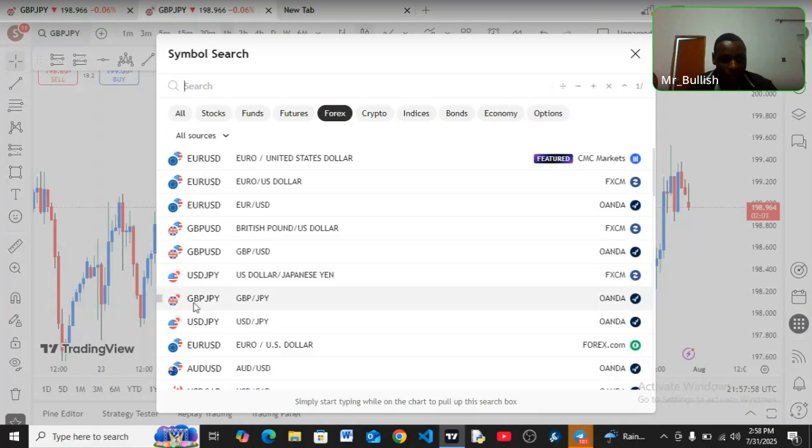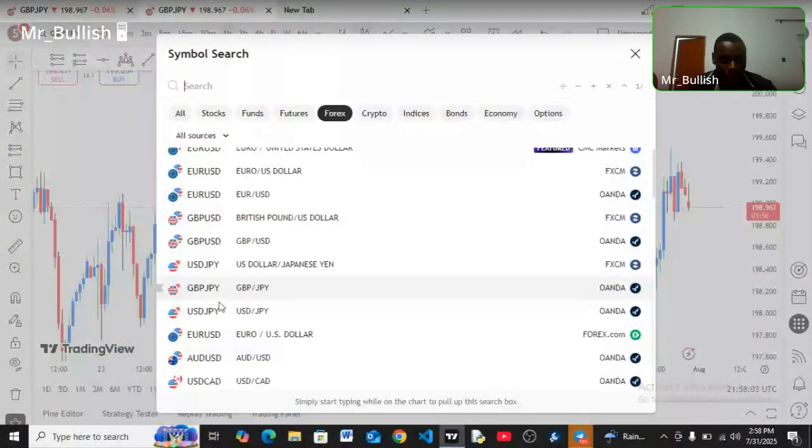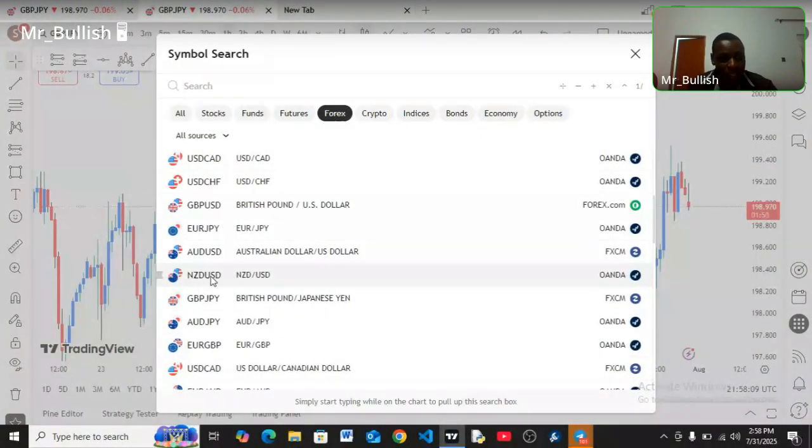But GBP against JPY is not a major currency pair. It's a minor currency pair. Then NZD against the US dollar is not a major currency pair, neither is it a minor currency pair. It is called an exotic currency pair.